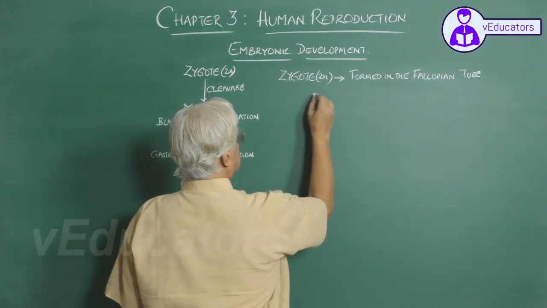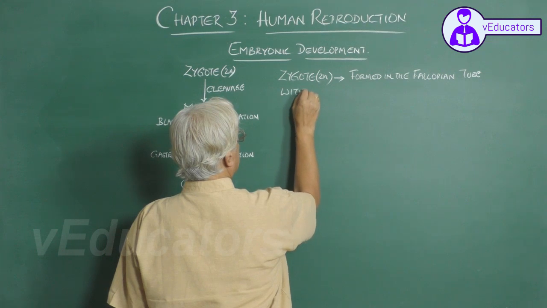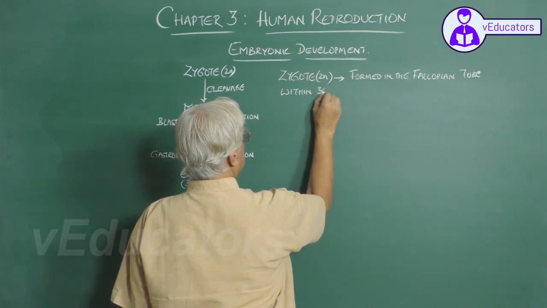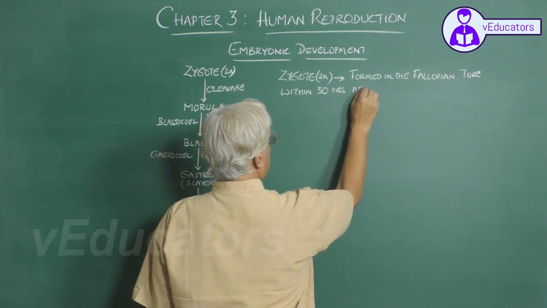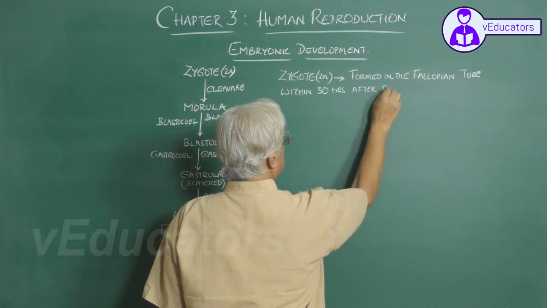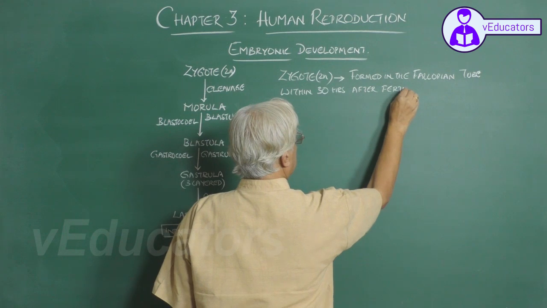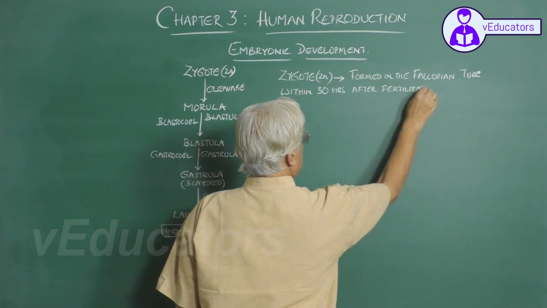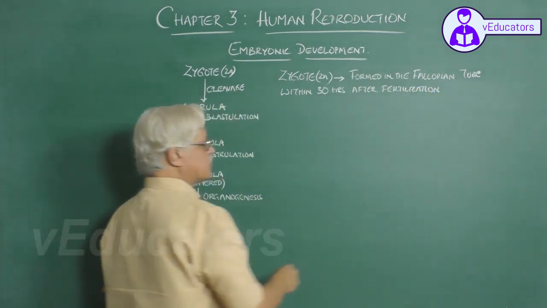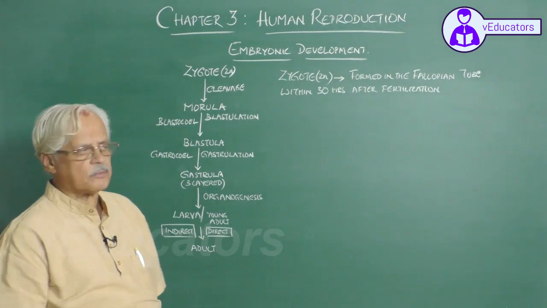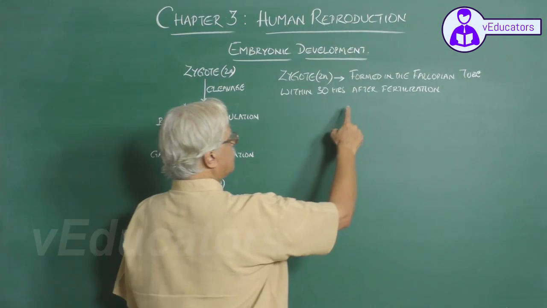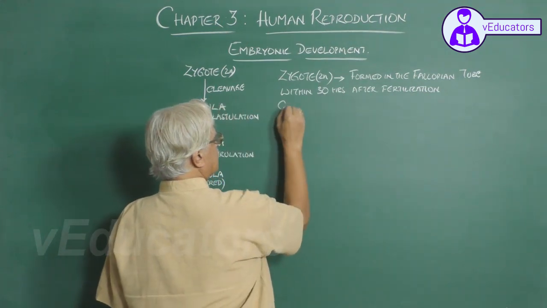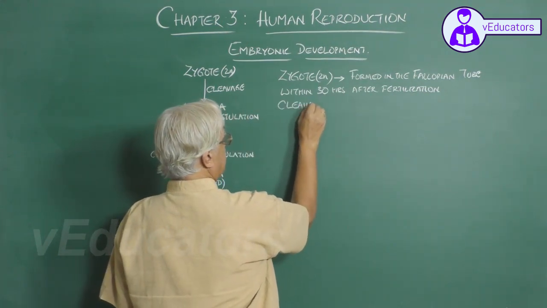Within 30 hours after fertilization, the zygote starts undergoing development. So within 30 hours after fertilization, cleavage begins.